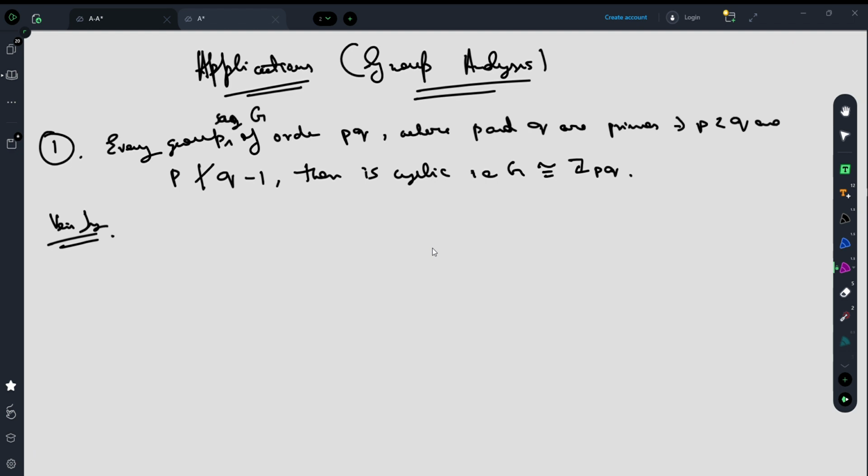Okay, we are going to verify this. Let the order of G be PQ such that P is less than Q. We will impose the other condition later. Both are primes.